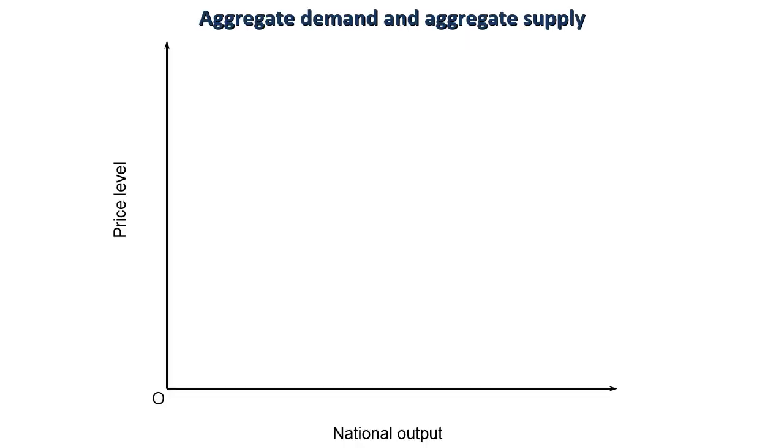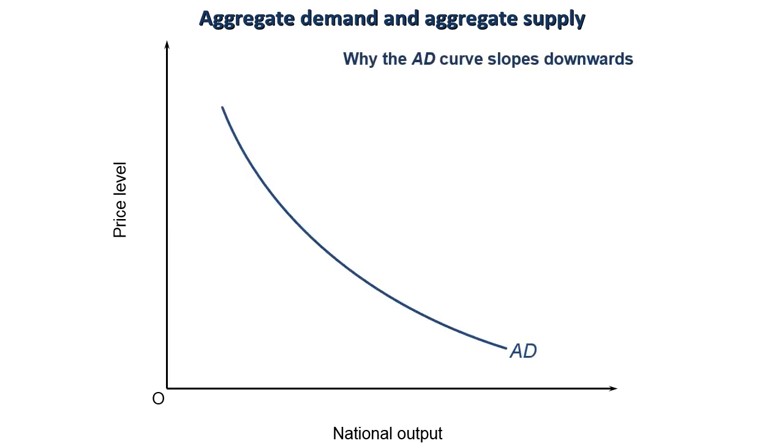There is our two-dimensional space, price level and output. And the aggregate demand curve is shown as downward sloping, which is showing that higher prices are associated with lower output. Why is that? Well, at higher prices we'll have lower exports.